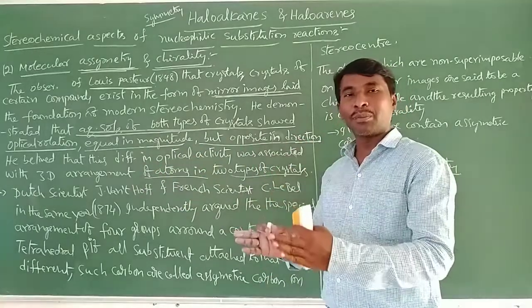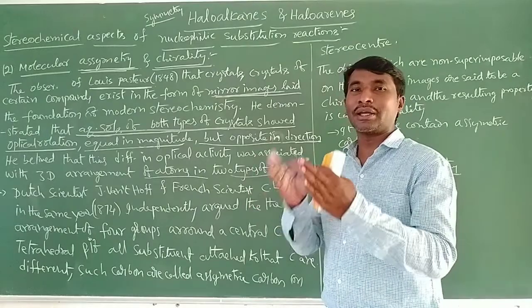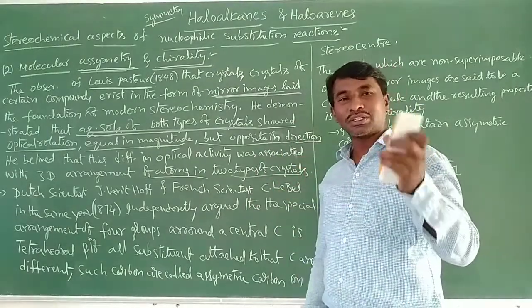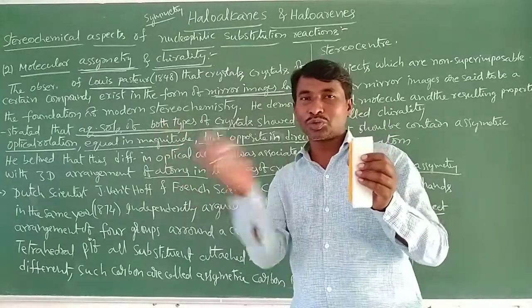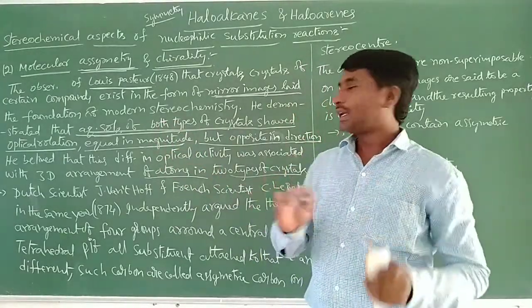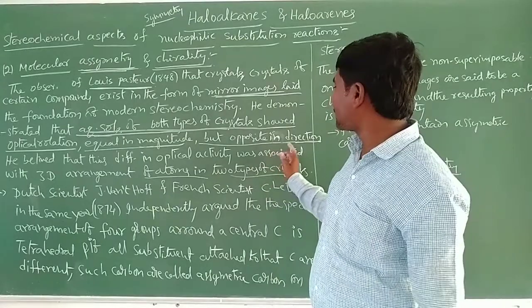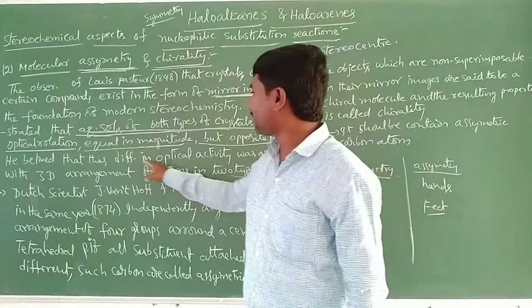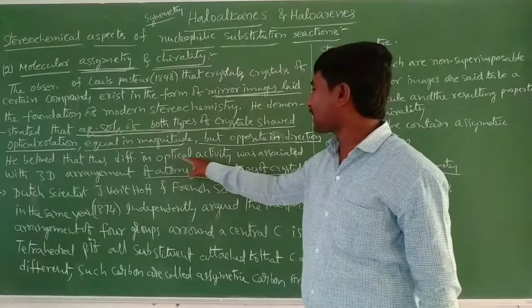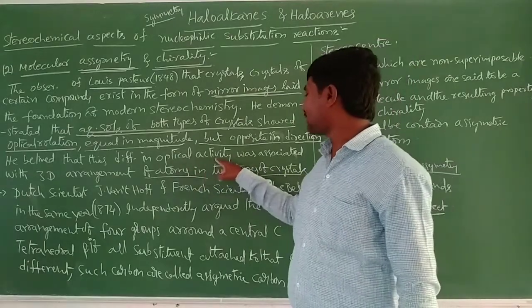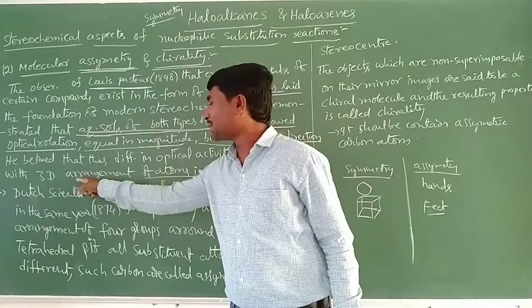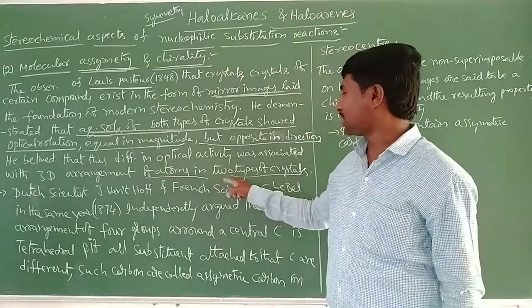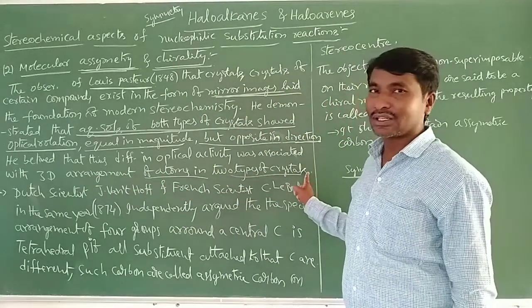One compound gives a mirror image, suppose this duster, the mirror image is another image. So that is two crystals in opposite directions. We believe the difference in optical activity was associated with the three-dimensional arrangement of atoms in two types of crystals.